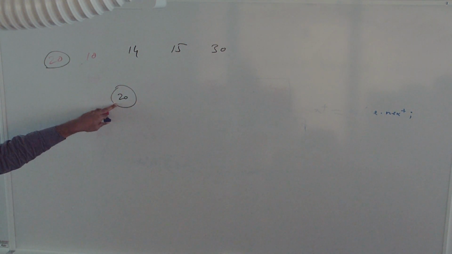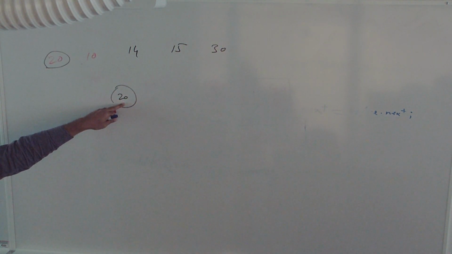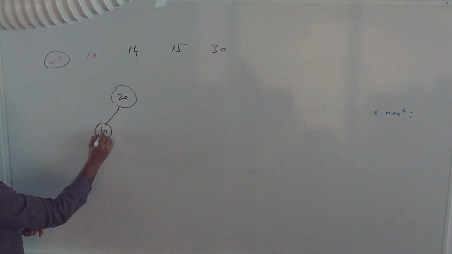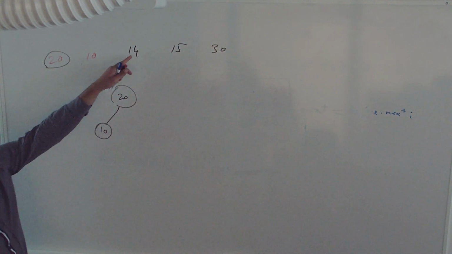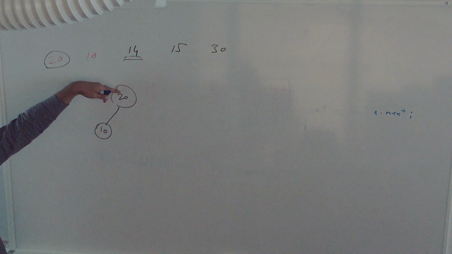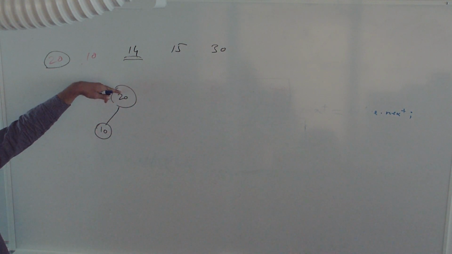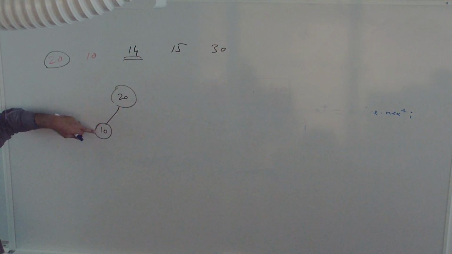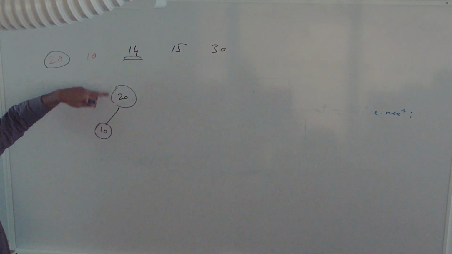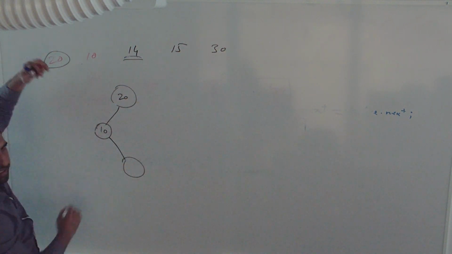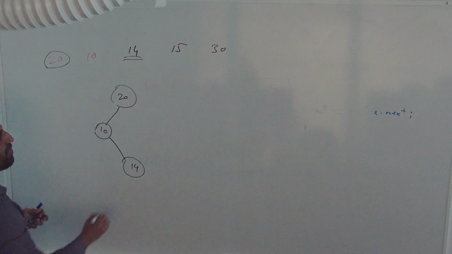If it's less than the current node, it should go to the left side. We take the value 14 and start from the root node and compare it. 14 is less than 20, so it goes to the left side, and we compare with 10. 14 is greater than 10, so it should go to the right side, and we add it over here.